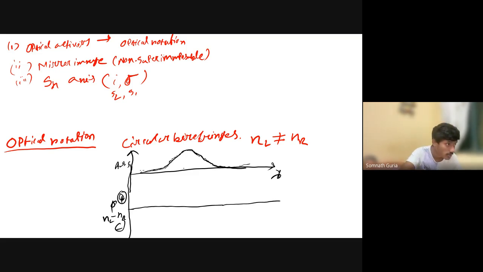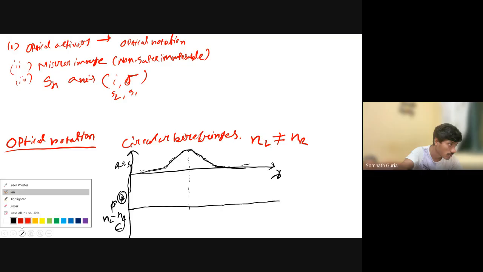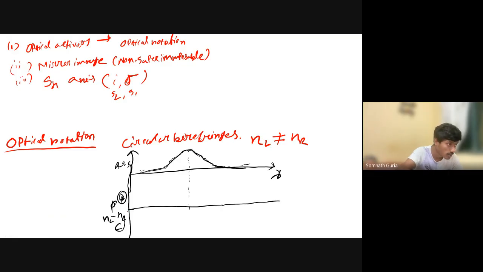How it looks like, as it is absorbed, zero over here. Let's suppose this is the absorbance maximum over here. We can say this is one molecule, one isomer.